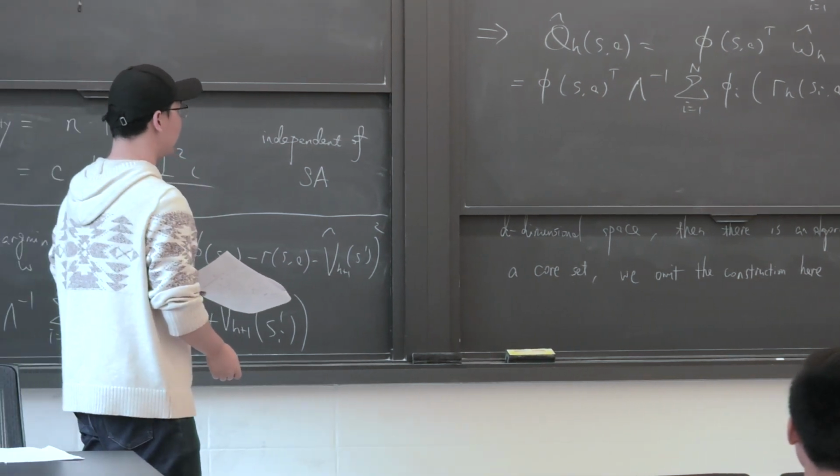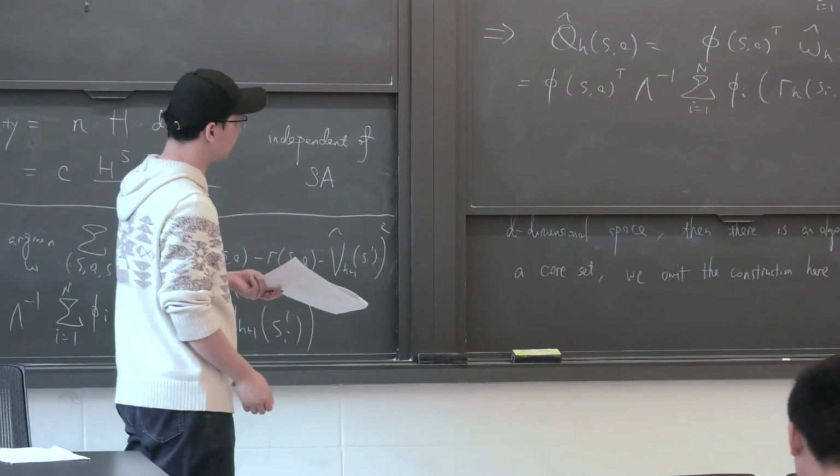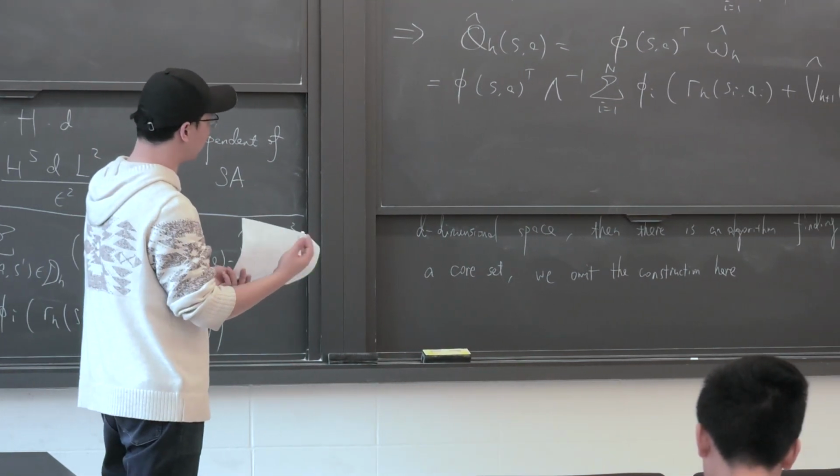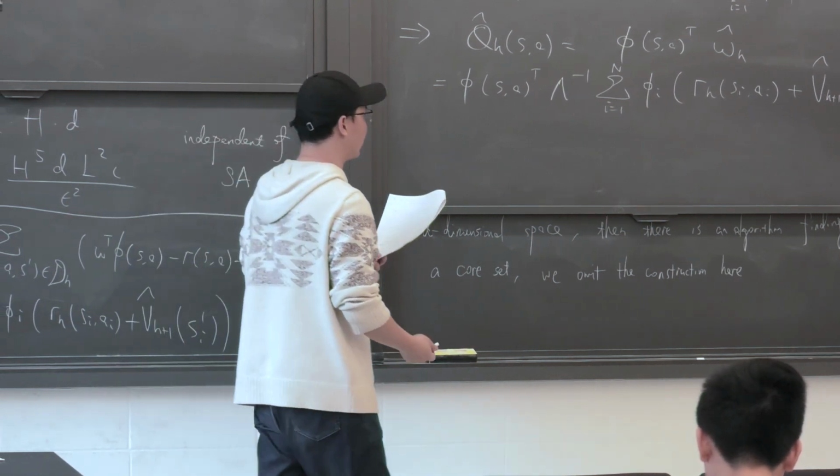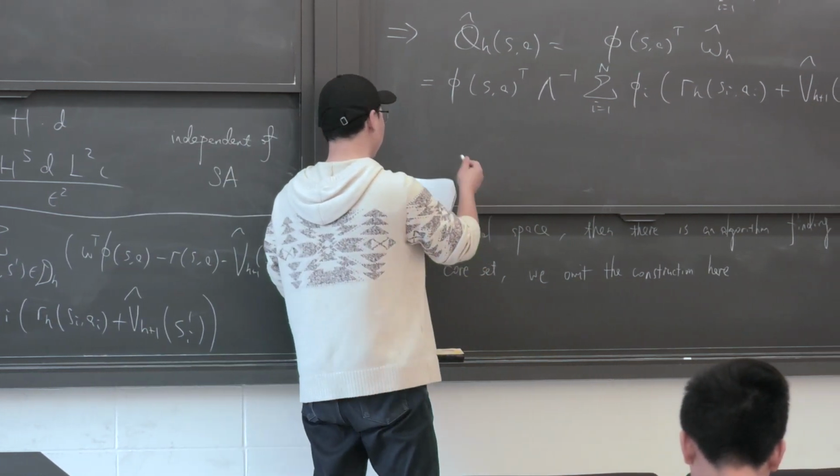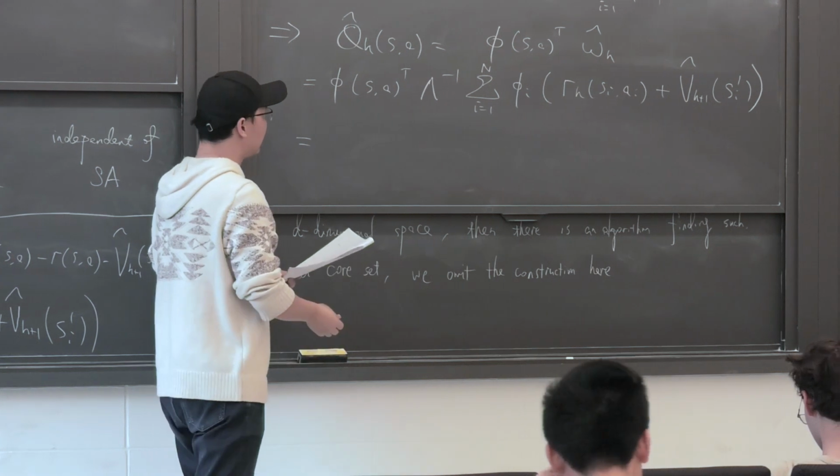Okay, so this is just plugging in our solution for w_h. Still, it's a little bit complicated. It doesn't look like some Bellman updates. So we need to do further simplification.